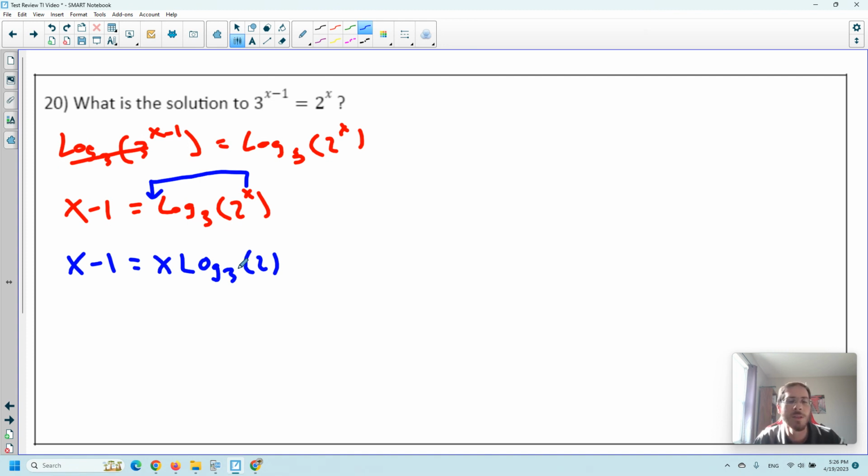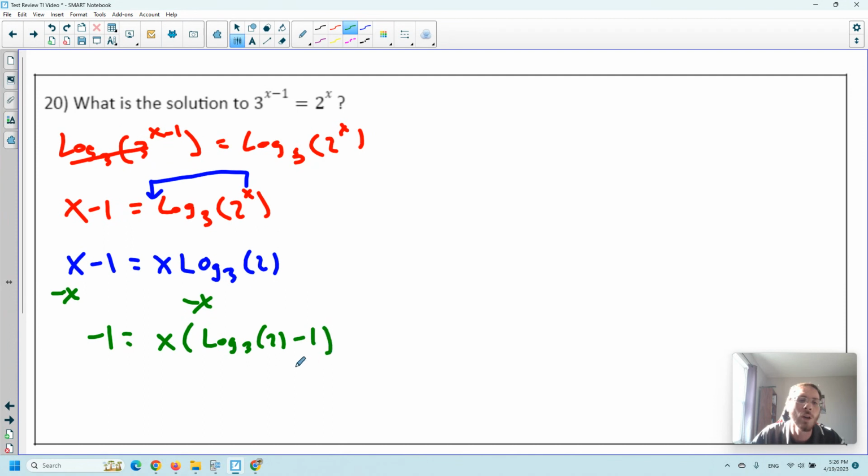It would be the same thing as if this was like 5. Now, if this were a 5, what I would do is subtract x on both sides to get -1 equals, and we would normally combine these as like terms. We're doing that here too. Log base 3 of 2 minus 1.